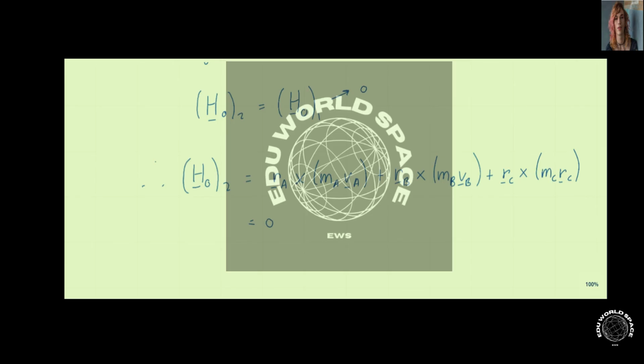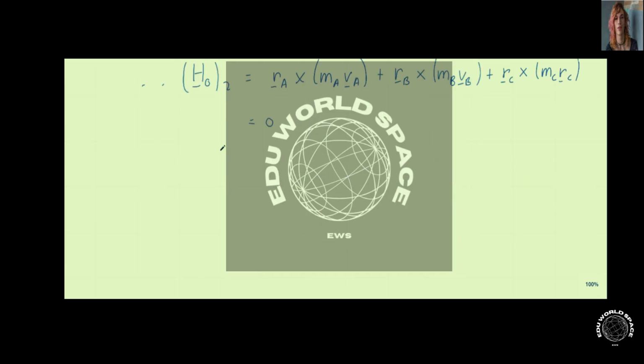So if we divide this equation by MA, we get that this is equal to RA cross VA plus MB over MA times RB cross with VB plus MC over MA into RC crossed with VC. So all we've done is just divide both sides by MA.